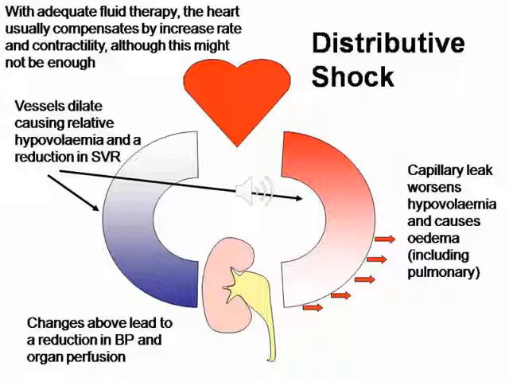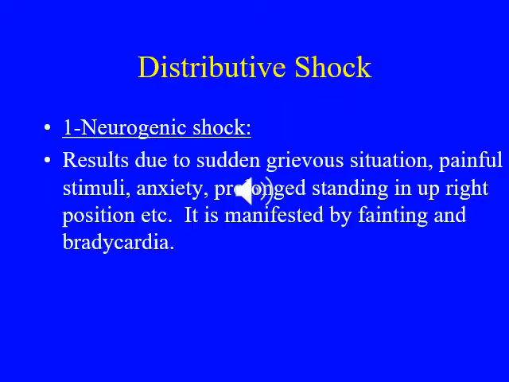Changes above lead to reduction in the blood pressure and reduction in the tissue perfusion. Sometimes there is capillary leak that will worsen the condition and cause escape of the fluids from the circulation to the tissues, leading to edema, including pulmonary edema.